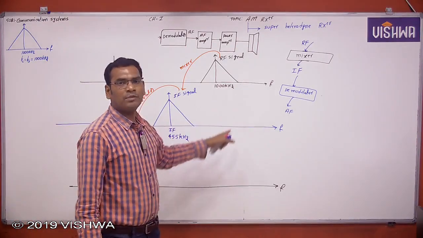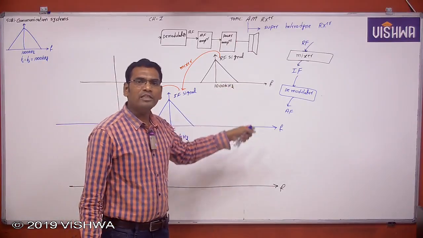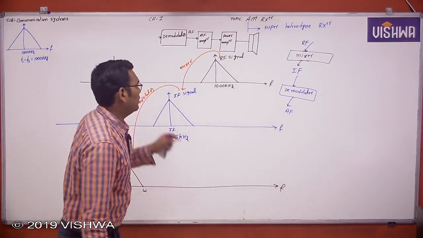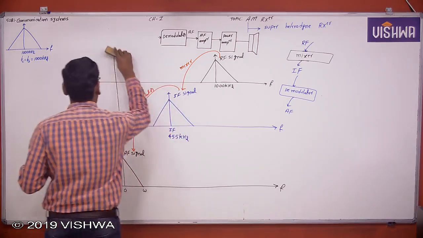So this is the principle of the superheterodyne receiver. Now according to this particular principle, you construct the receiving section.